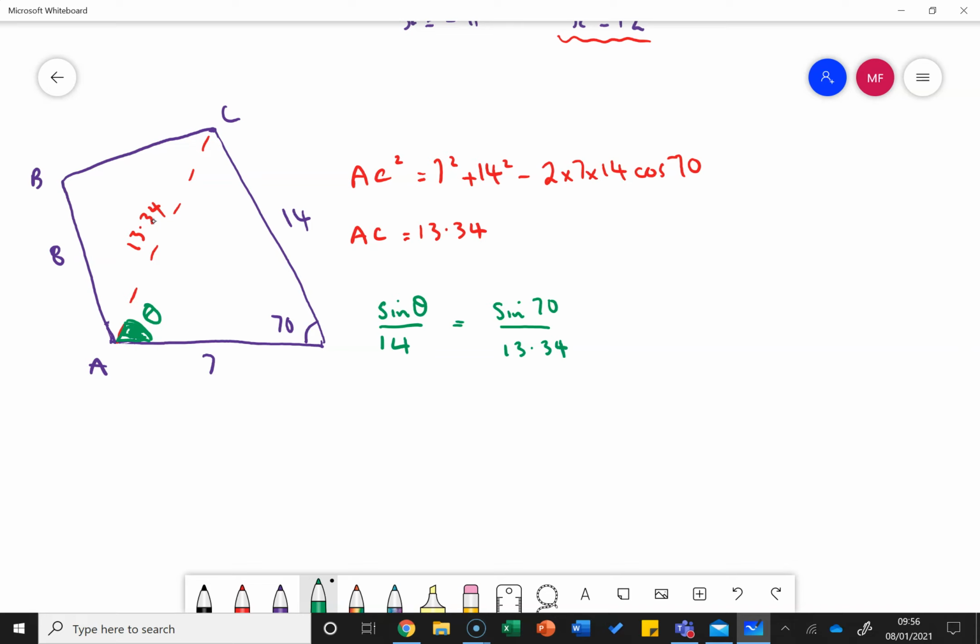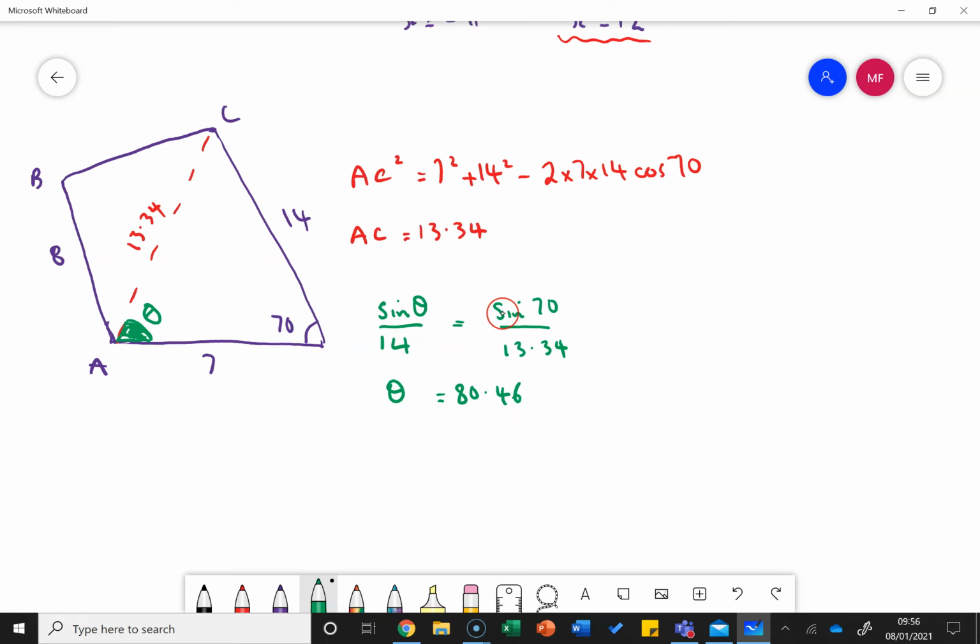Okay, play around with that. So the 14 would go up here. You'd be typing into your calculator something like 14 sine 70 equals, divided by 13.34. Get an answer, and then you would inverse sine that. And eventually you're going to get 80.46.